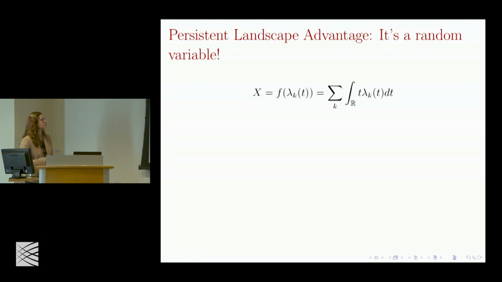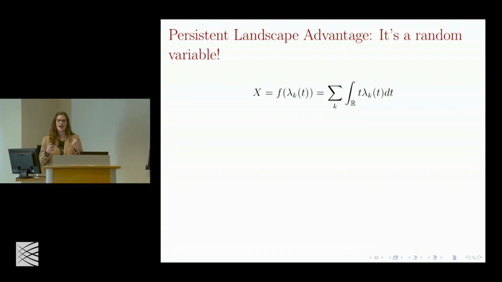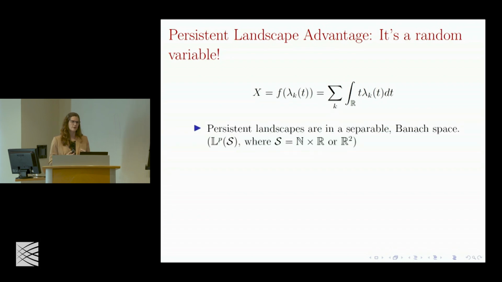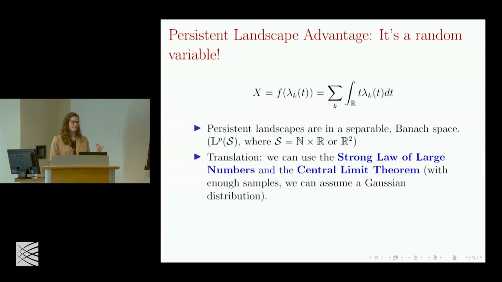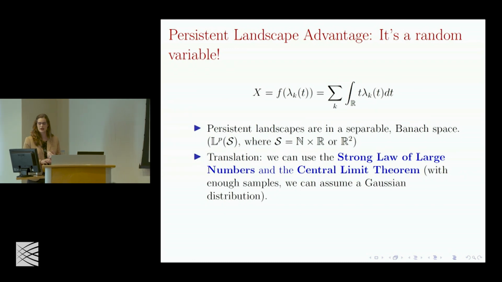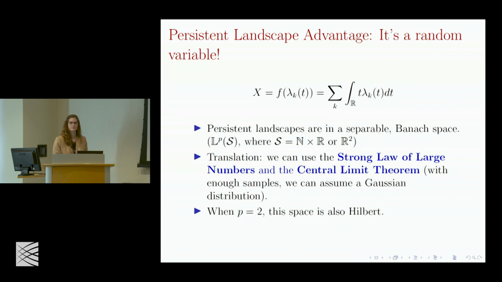All right, so now that we have a unique mean, we can apply this linear transformation to it, and we now have a random variable that we can work with. Persistence landscapes are in a separable Banach space. For those of you who are not mathematicians, that just means that we can apply the strong law of large numbers and the central limit theorem. That means that if we have enough samples, we can assume a Gaussian distribution when we are studying those persistence landscapes.